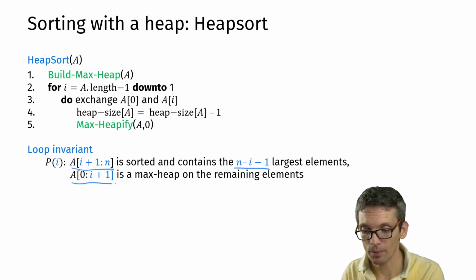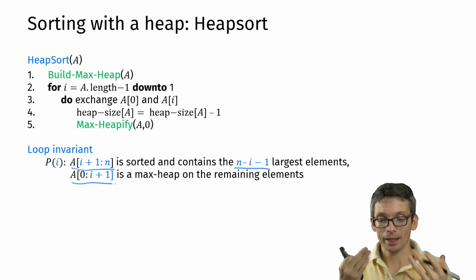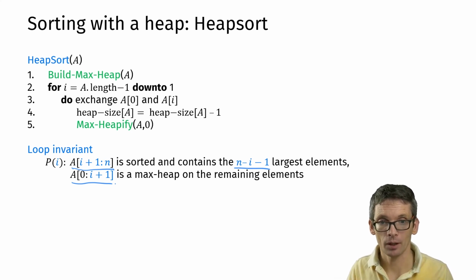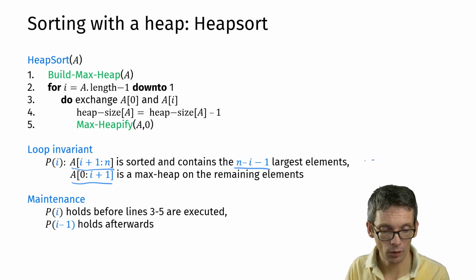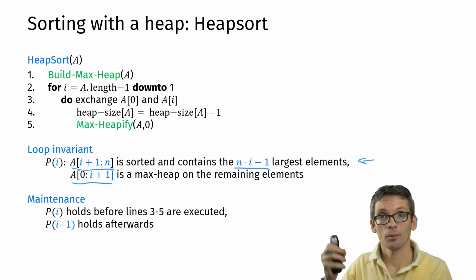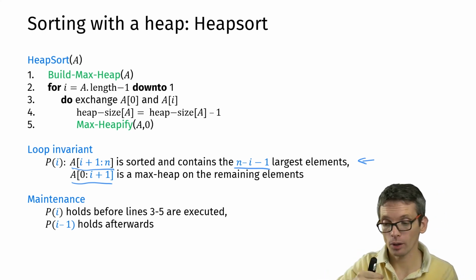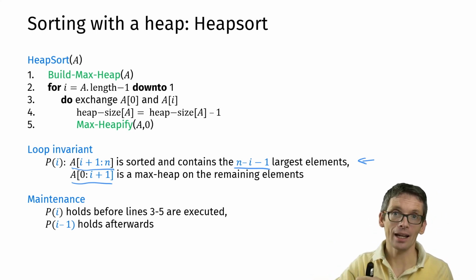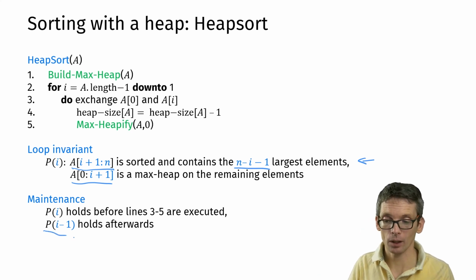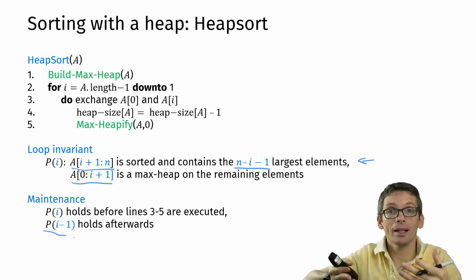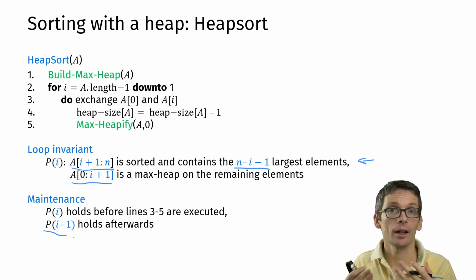And then in the remaining part, so from 0 up to i, we have a max heap on the remaining elements. And then for the maintenance, we simply need to make sure, first of all, that we maintain the first part, but taking the maximum of the remaining elements and placing that on position i will give me that part of the invariant, and then calling Max-Heapify will make sure that I have a heap on the remaining elements.